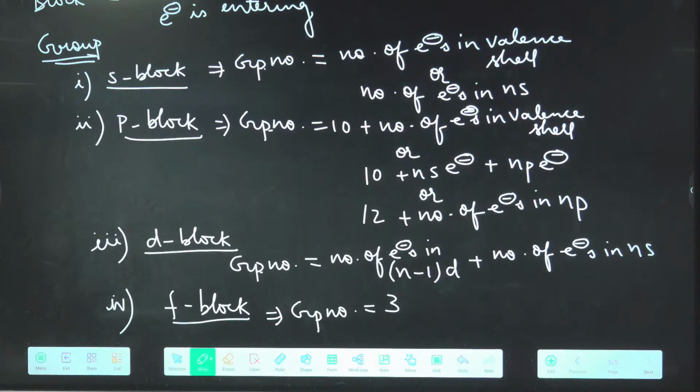This I'll show the above one also, that is block and period, in case somebody has not written it. So don't worry about that. First finish off this and then we'll understand the things.